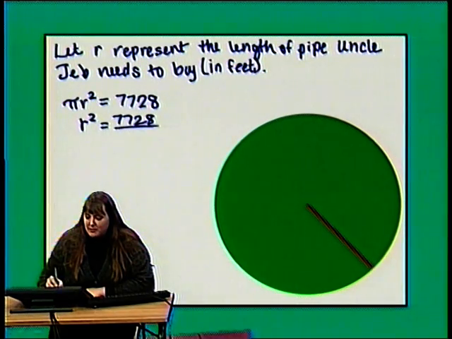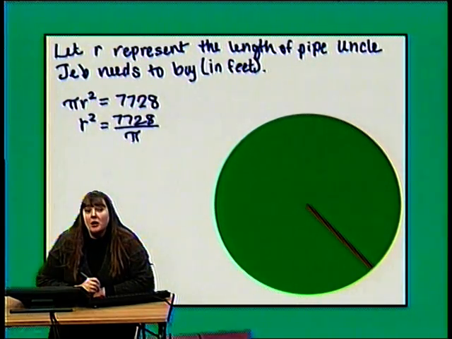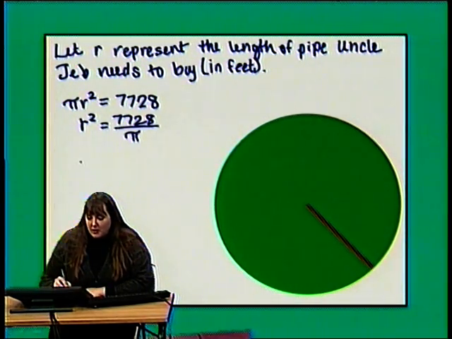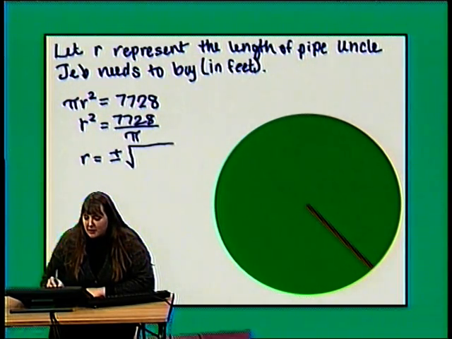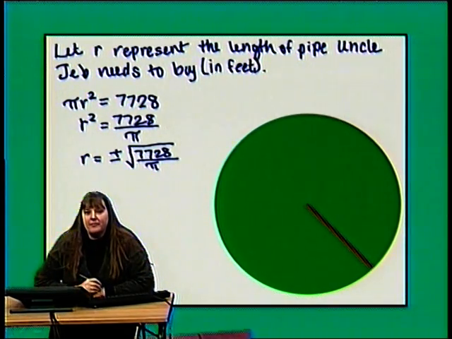Using the square root property, I know that r has to equal plus or minus the square root of 7,728 divided by pi. Well, pi itself is a near rational number. I know when I take the square root of 7,728 divided by pi, I'm going to get a near rational number.